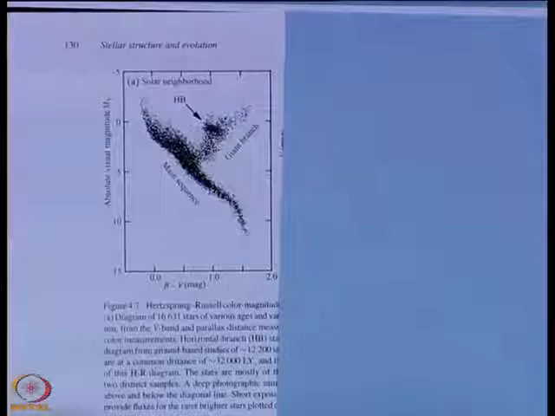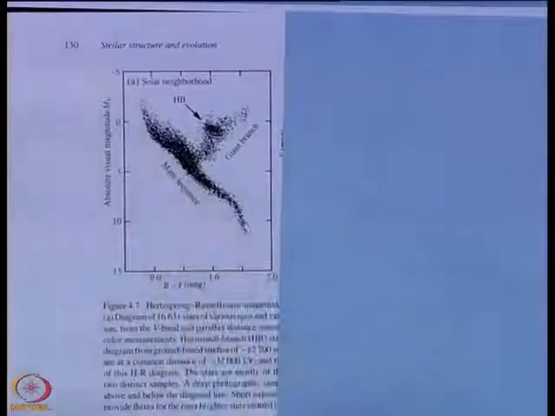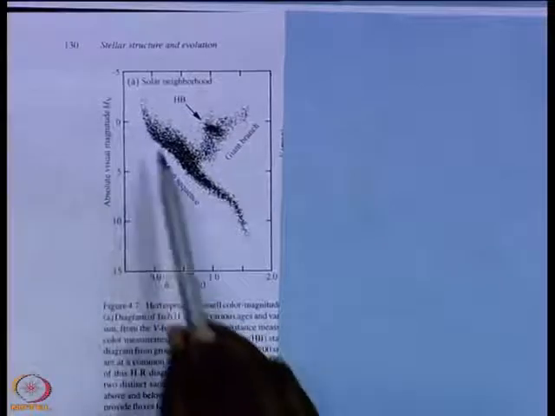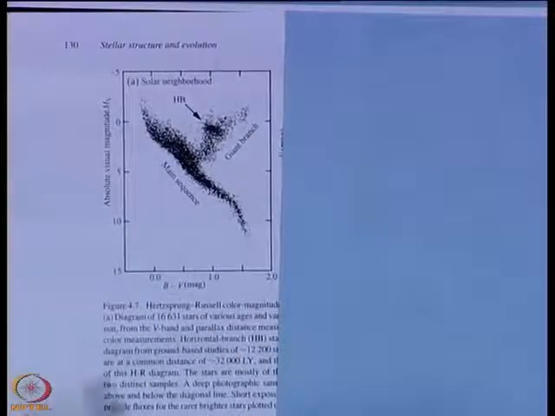This shows you all the stars whose parallax distances have been measured using Hipparchus. Not all of the stars, 17,000 stars within 300 light years.